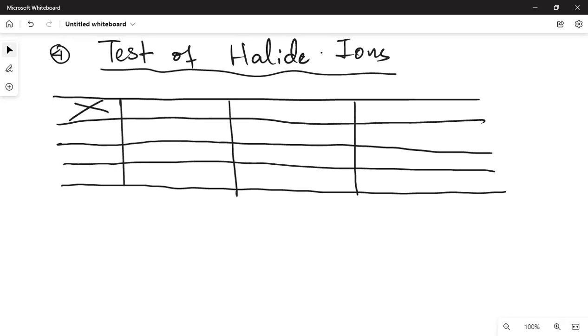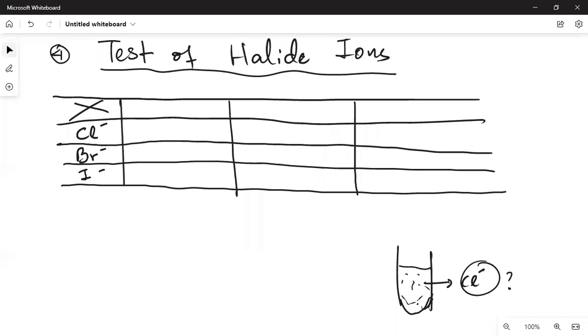So it would be chloride ion, bromide ion, and iodide ion. These are the 3 ions that you're supposed to know as per syllabus test of halide ions. As I said, it's linked to IGCSE. तो मुझे बताएं if I've got a chloride ion solution there, कोई भी chloride ion का solution, NaCl, etc. or whatever, and I'm supposed to confirm के does it have chloride ion, so what do we put into the solution? कौन सा reagent डालेंगे?